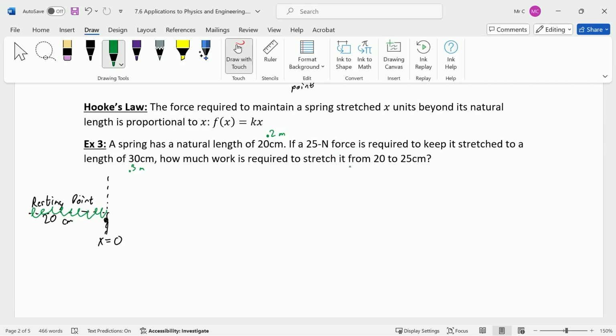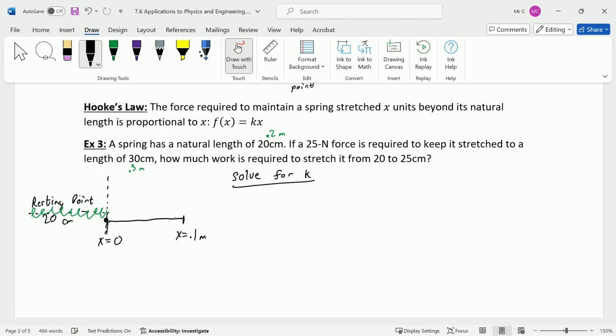So we're asked to find how much work is required to stretch it from 20 to 25. That means I'm going to need to integrate, but that means I need to know what k is. So the first step to this problem is to solve for k. They gave me some information: a 25 Newton force is required to keep it stretched to a length of 30 centimeters. But a length of 30 centimeters is x equals 0.1 meters, because I'm adding 10 centimeters to the 20 I already had, but when that spring is at 20 centimeters, I consider x to be 0.